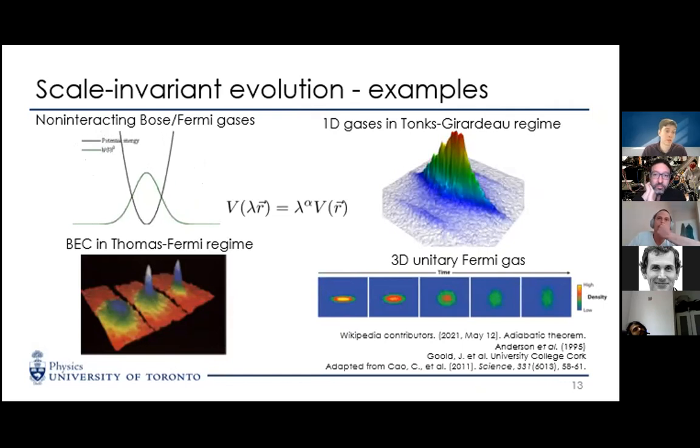Yeah, my only point is, I don't know about outside the mean field equation, but already, even in the mean field description, a BEC doesn't strictly follow scale invariance. It's only in the Thomas-Fermi regime that a BEC follows scale invariance in 1, 2, and 3 dimensions. That's my understanding. Mm-hmm.